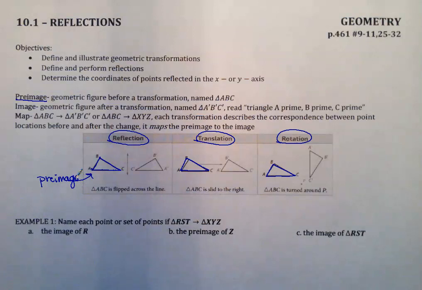All right, then the image is the geometric figure after a transformation. Notice it's named like triangle A prime, B prime, C prime. The apostrophe is read as prime. It's the second one. It's what we did after. So the red ones here are going to be the image.